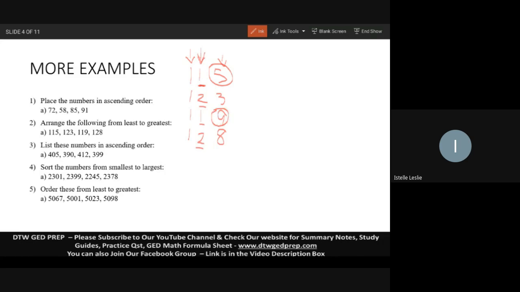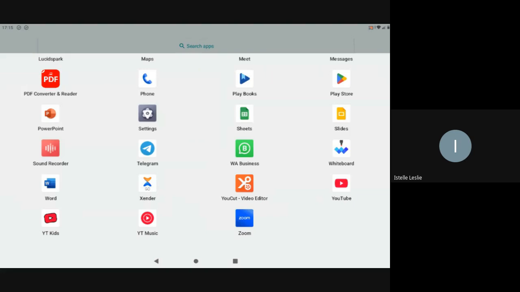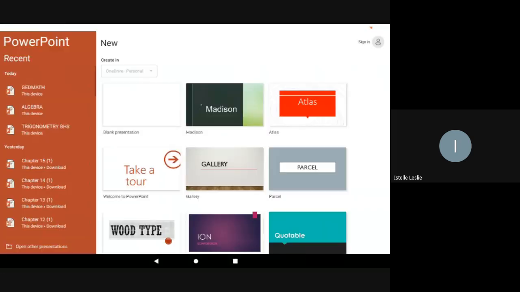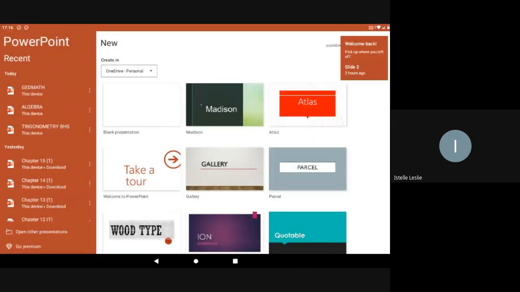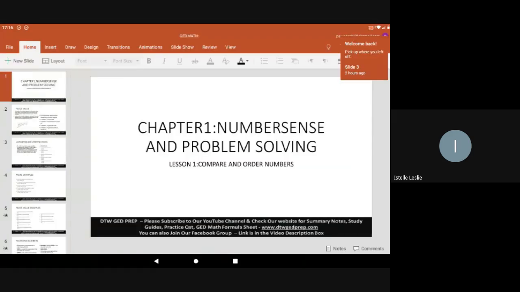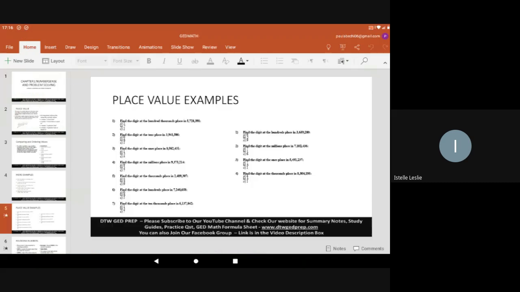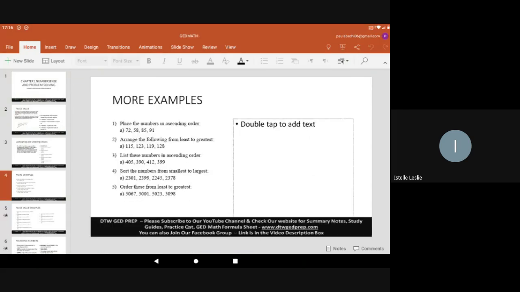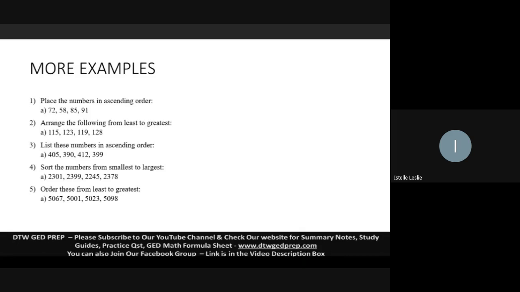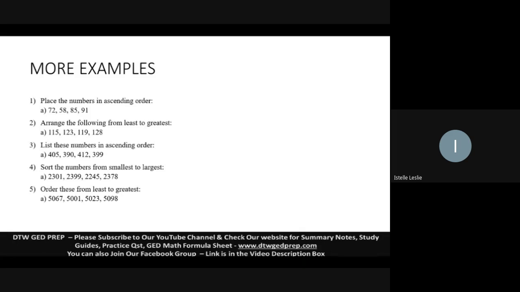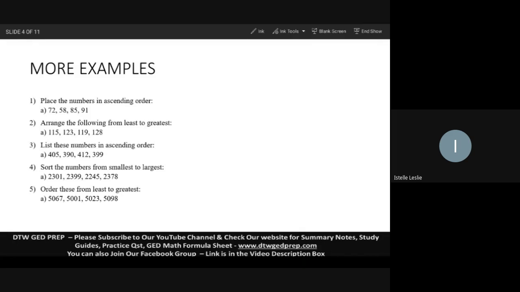Which is smaller? We know it's the 5, so the least number there is 115. Sorry about that, let me rewrite.